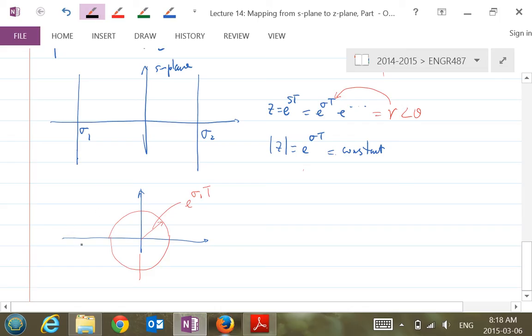Outside, right? It's not only outside here, but it's actually outside another circle, which is the unit circle. So this circle here has radius e to the power of sigma 2 T. So basically, constant attenuation loci is mapped into a circle in the z-plane.